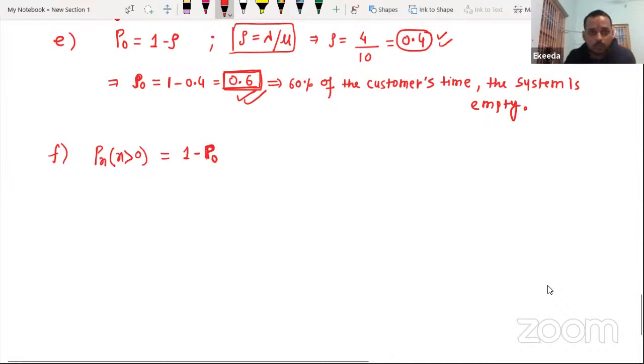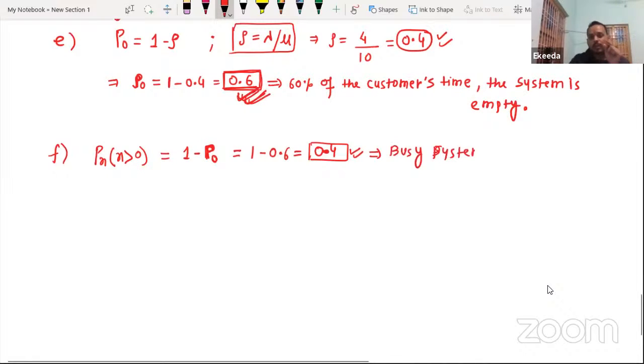We already know the value of P naught, so it is going to be 1 minus 0.6, which is 0.4. At least one customer is there, it means it is busy. So this was the probability of an idle system, and this is the probability of a busy system, or at least one customer in the system.